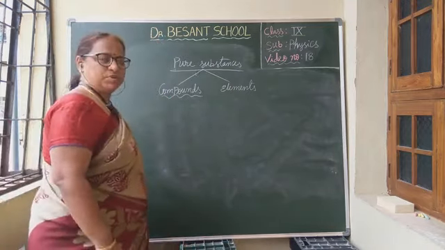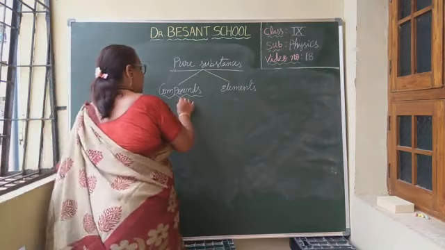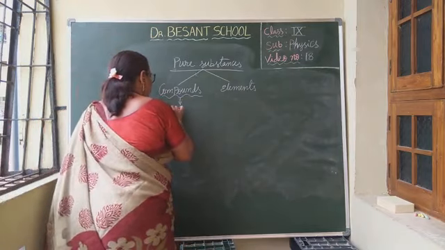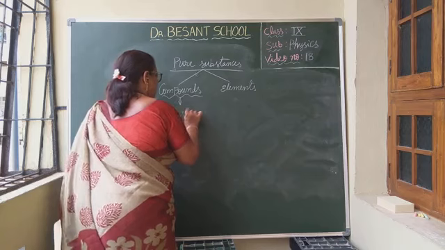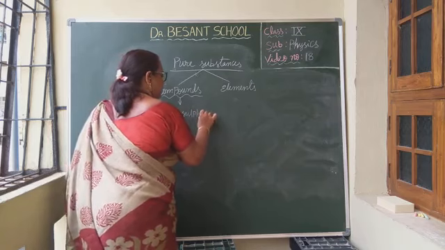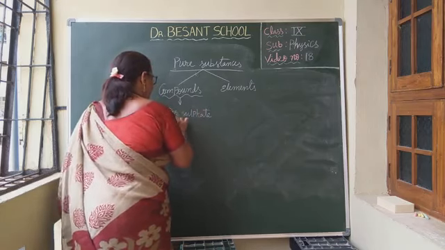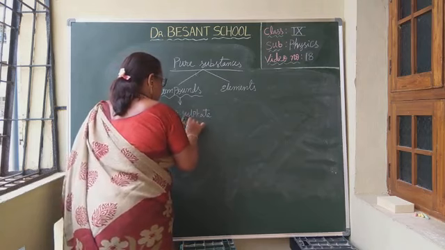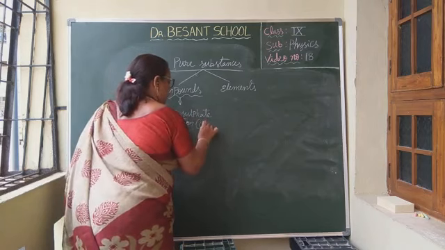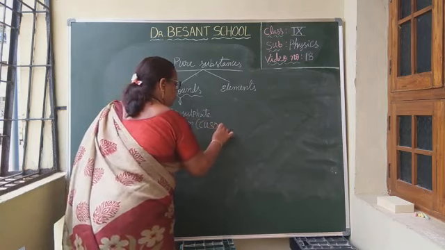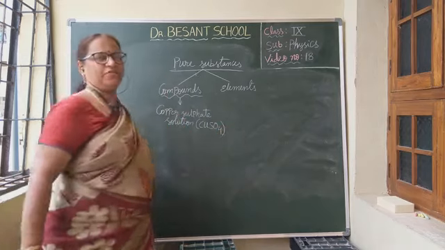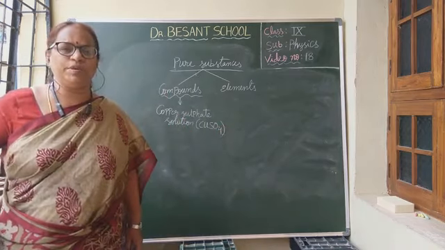But whereas compounds, suppose we take copper sulfate solution. The copper sulfate formula is CuSO4. Cu is copper, S is sulfur and O is oxygen. So let us take copper sulfate solution. What is the color of copper sulfate?